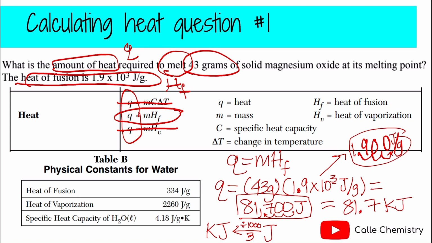I mentioned this because sometimes they make you do an extra step at the end and ask you in kilojoules instead of joules. So here is how to convert that: either 3 decimal places to the left, or divide by 1,000, whichever one works for you. So we're done with this problem.